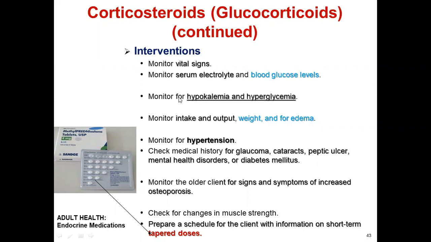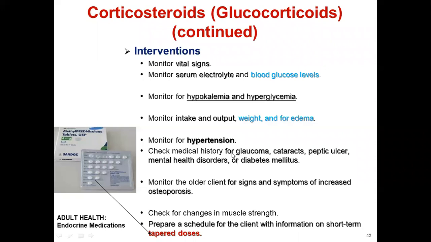So monitor for hypokalemia and hyperglycemia, monitor intake and output, measure body weight, and regularly measure vital signs like blood pressure, because the patient has a chance to develop hypertension.